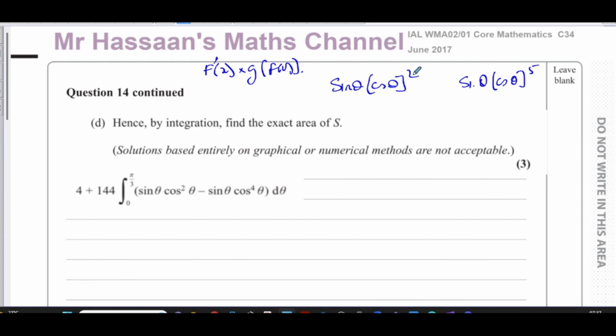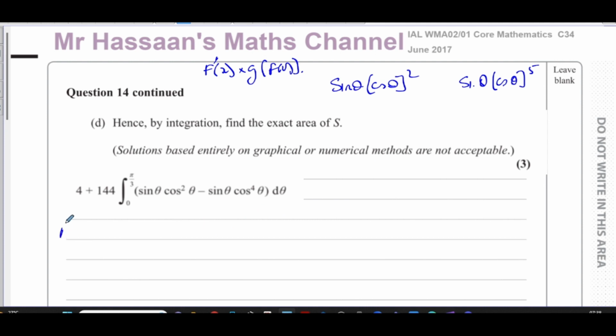This main function is something squared. Here, this main function is something to the power 5. The differential of what's inside the function, the differential of cosine theta, is minus sine theta. So that's of the right form. It might be the different sign, but it's the correct form for the differential of what's inside the function. So we can use the reverse of the chain rule here to integrate both of these. They both have that same concept.